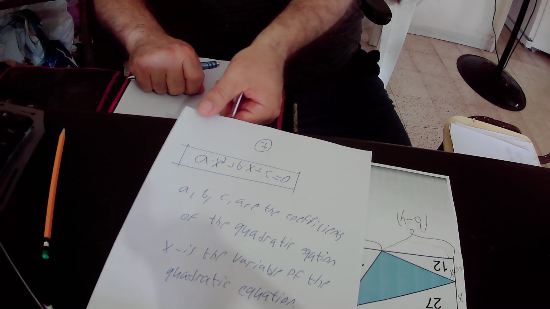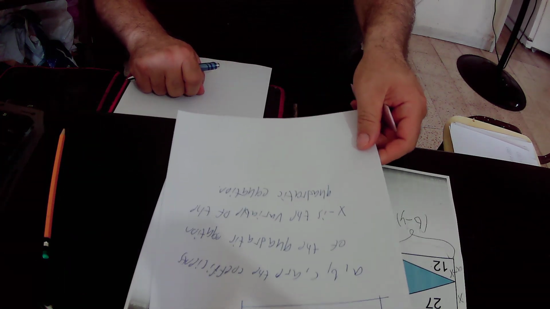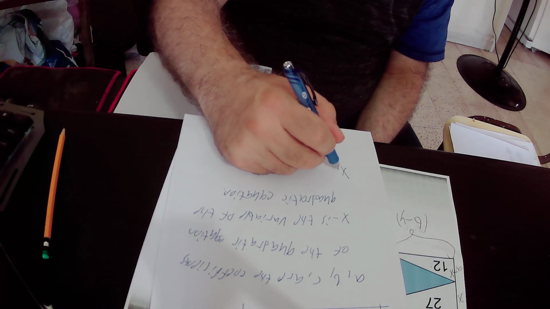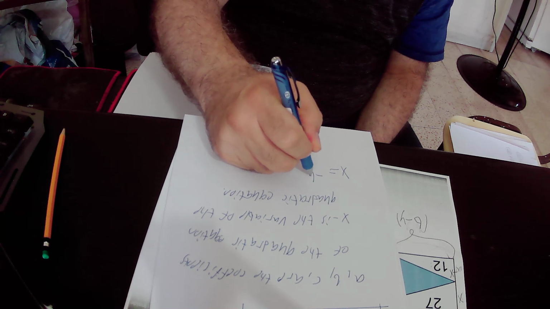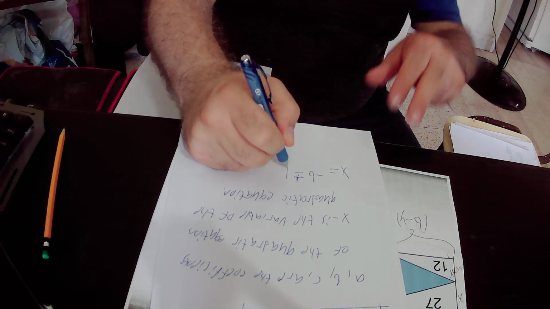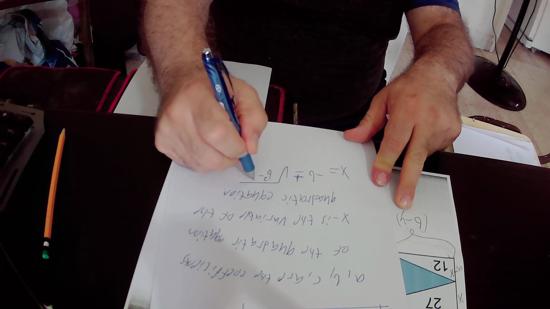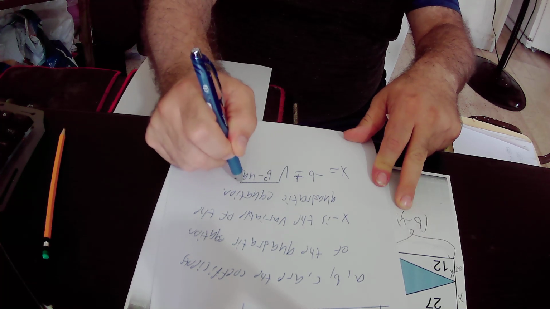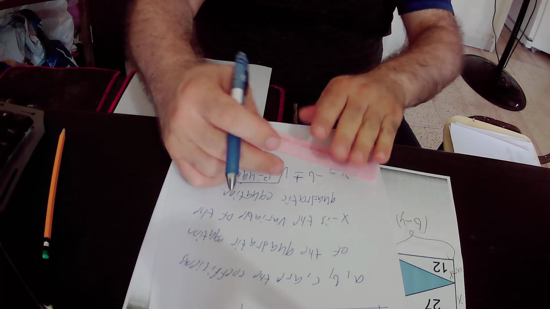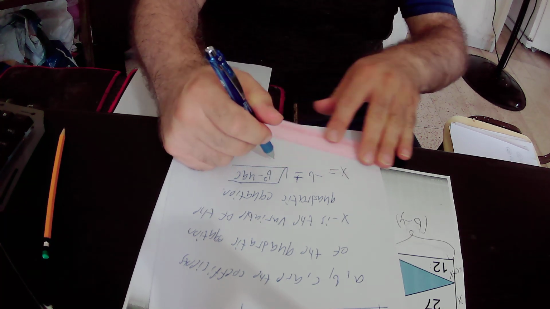The general formula is x equals minus b plus minus root of b squared minus 4ac, all divided by 2a.